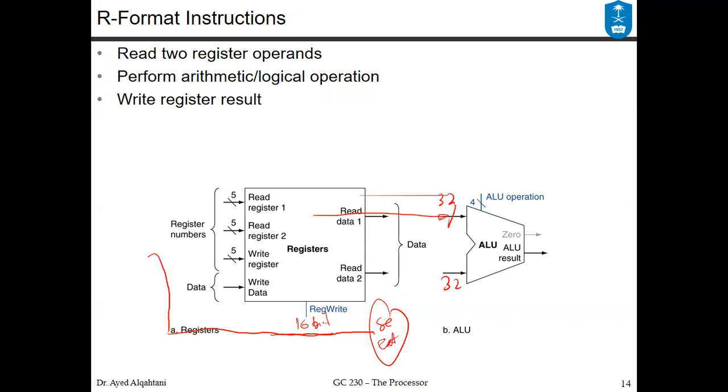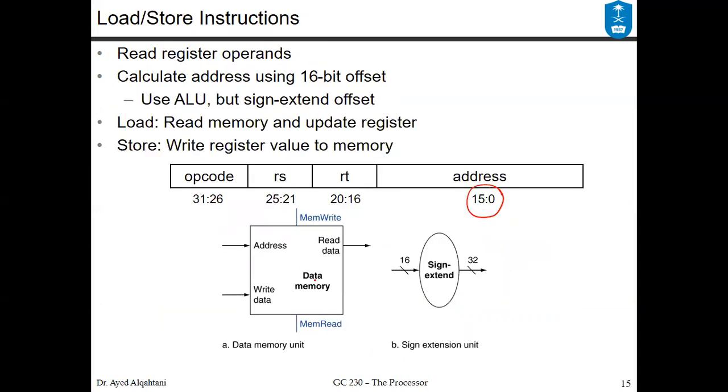We need a sign extension to make it 32-bit, so the ALU can take it and do its calculation and supply the data memory with the address. And to do this, we need the sign extend logic. So it takes 16-bit and it generates for you 32-bit.